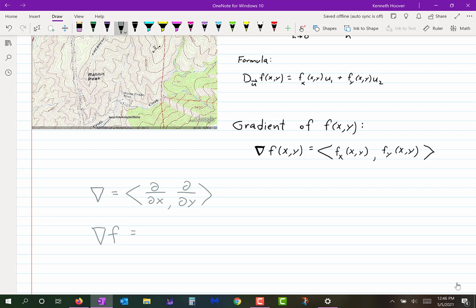It means you're applying this operator to the function f, and you get this. That's just the type of language and symbols that physicists often use. Okay? That's just for your own information. You don't have to worry about that for this class.